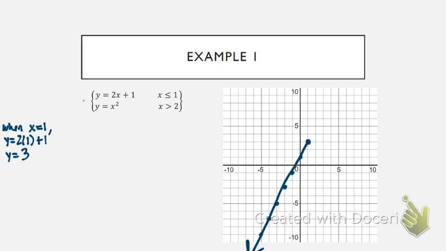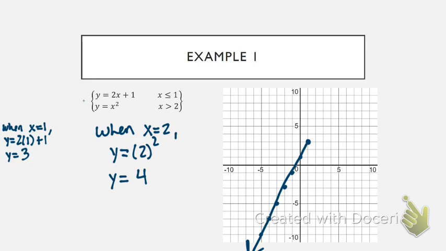The second part says when x is greater than 2, the function looks like y equals x squared. So now that I know that this part of the graph starts at 2, so when x equals 2, I know I have the function x squared. So this function is going to start at (2, 4).